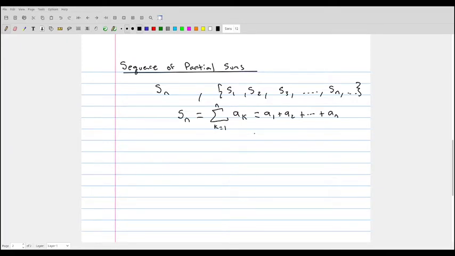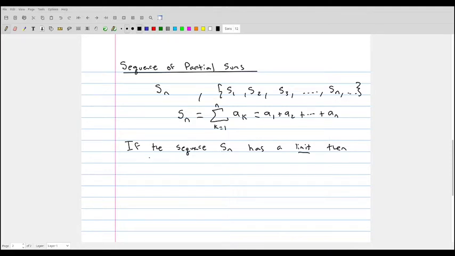And we say that if the sequence of partial sums converges, or has a limit, according to the sequence definition of the limit, remember this is the sequence of partial sums, Sn.